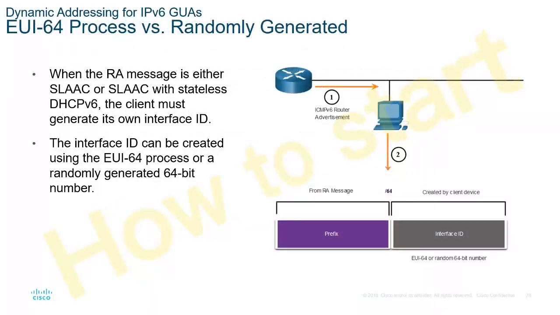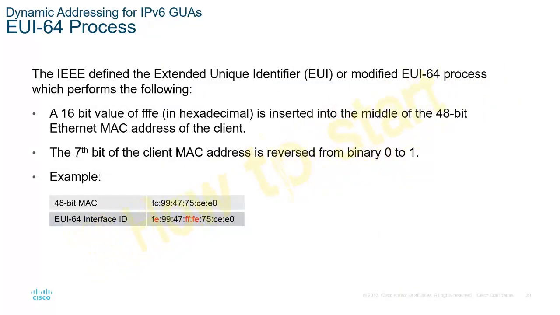We already talked about the EUI process a little bit. So how is this going to work versus a randomly generated interface ID? Again, the interface ID can be created either of those two ways. The EUI process will split the MAC address in half and add FFFE in between, and then it will also flip the 7th bit.